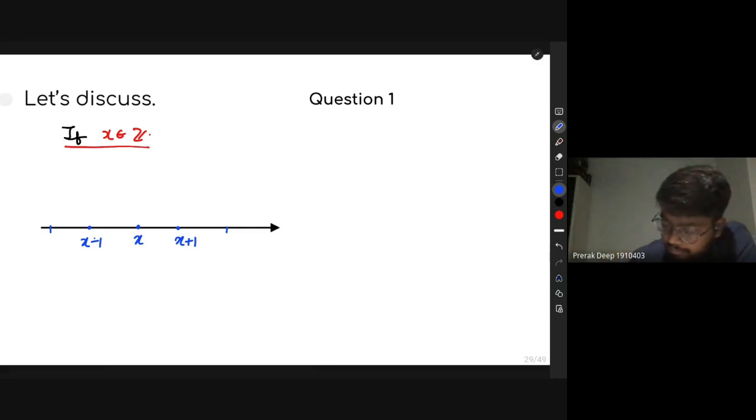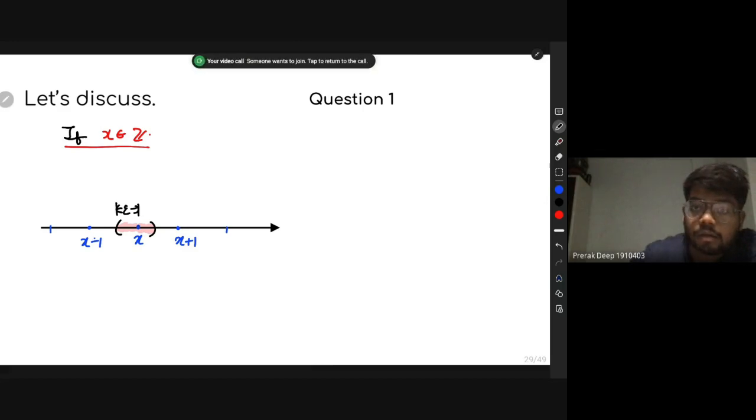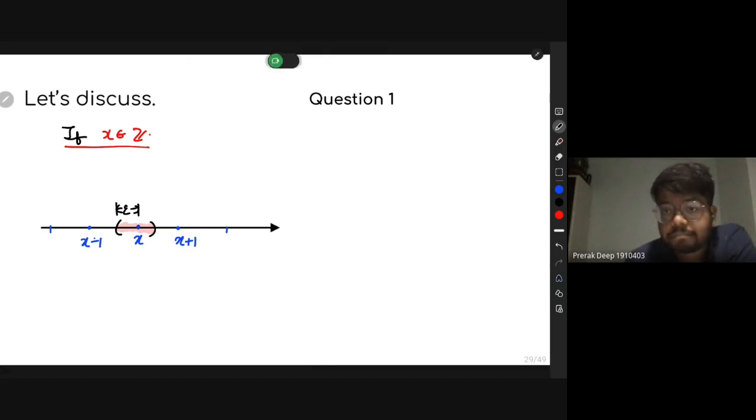In other words, for any small enough epsilon neighborhood of this integer x, I will be able to find the other numbers of the sequence.